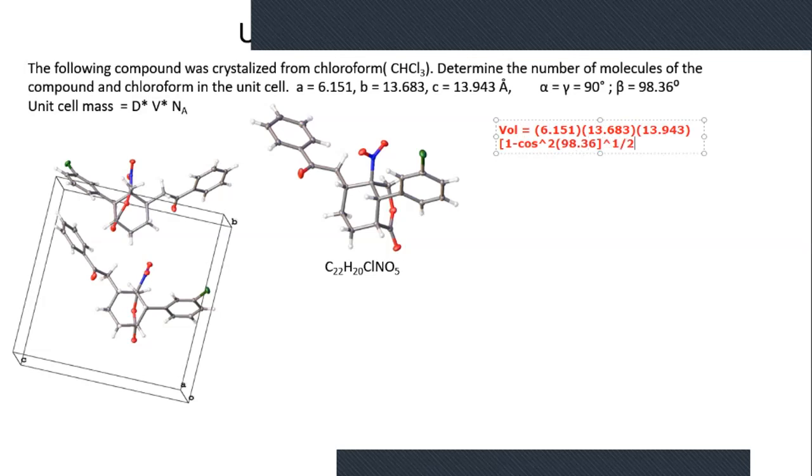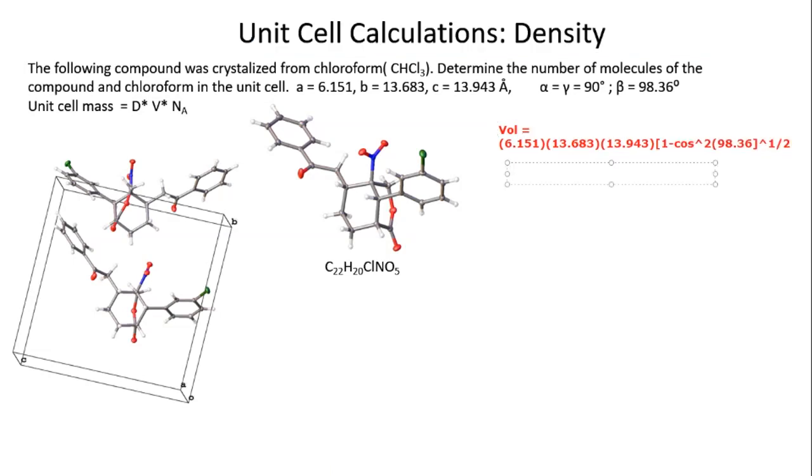So this is the volume equation for monoclinic. So the volume equals 6.151.